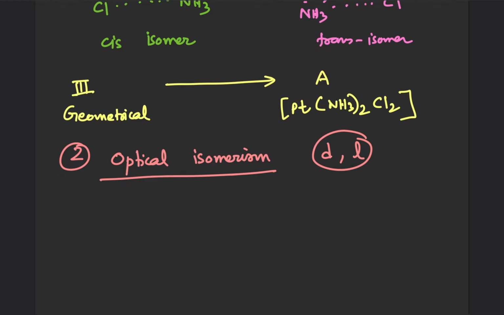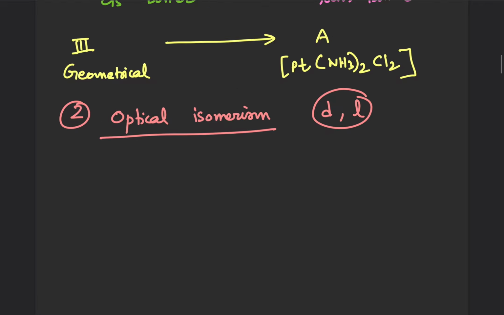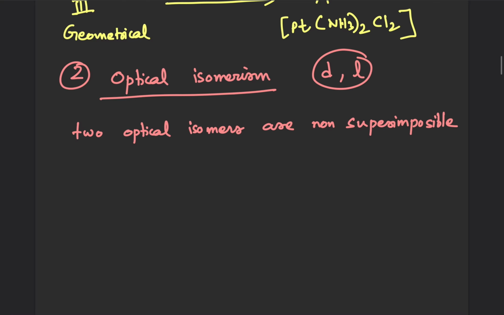And the two optical isomers are non-superimposable mirror images of each other. That's also what we know.